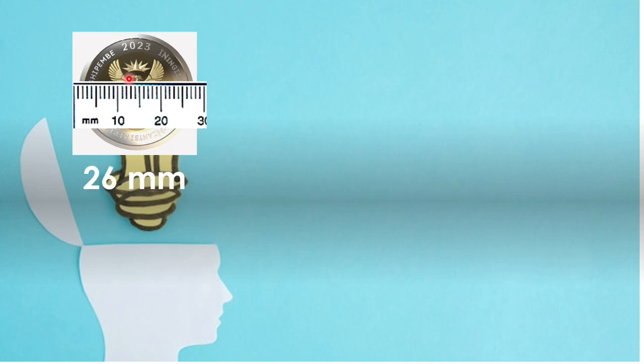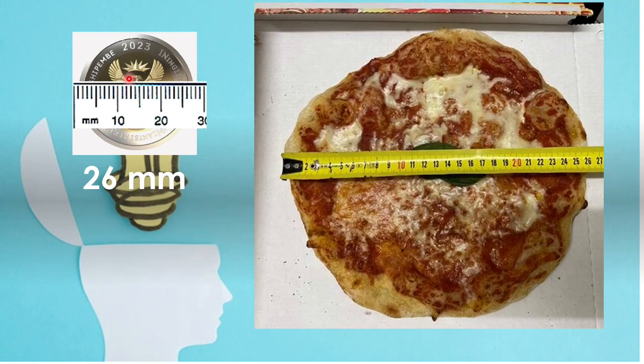But now, when we have to look at centimeters, just comparing millimeters and centimeters, if I show you a picture of a pizza, then the diameter of this pizza is 26 centimeters. So just before we even touch the concept of scale, a 5 Rand coin is 26 millimeters and a pizza is 26 centimeters in diameter.